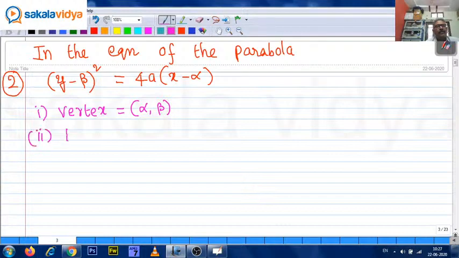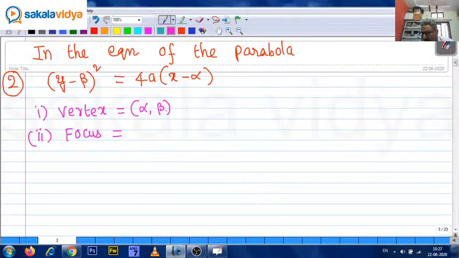Focus. What is the focus? Focus is not alpha comma beta. You just think, what is the focus? I ask you one question. What is the focus of y square is equal to 4ax?